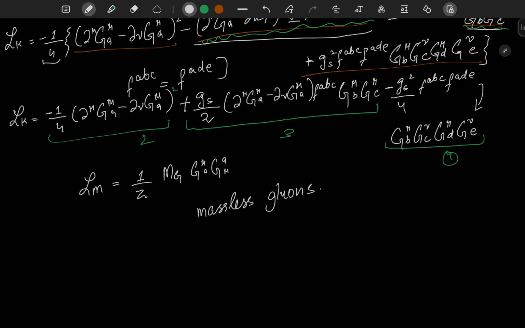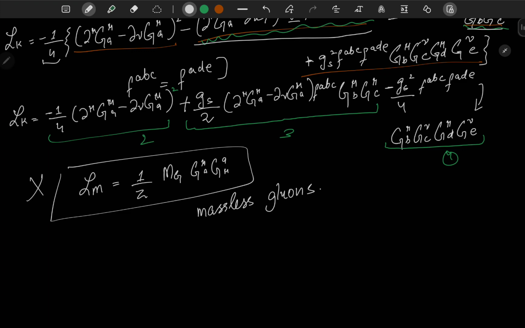So here the gluons are also massless, so no mass term. So win-win situation for us. No worries for the massive gluon term in the Lagrangian. So now that we have the kinetic energy term, we can write the full Lagrangian of QCD.